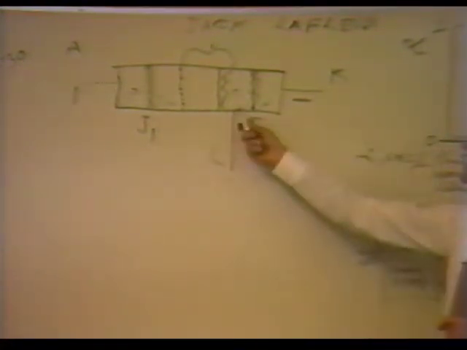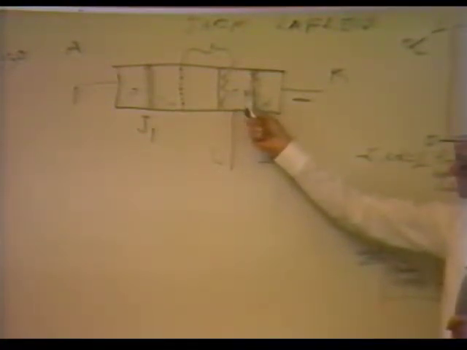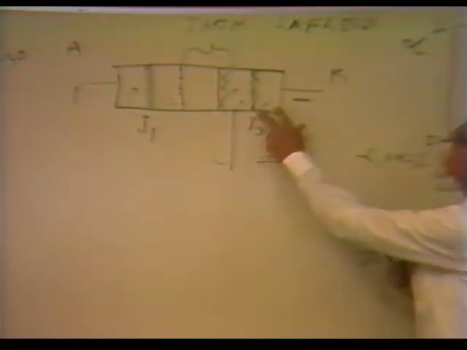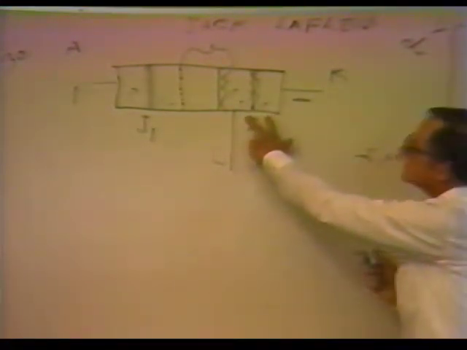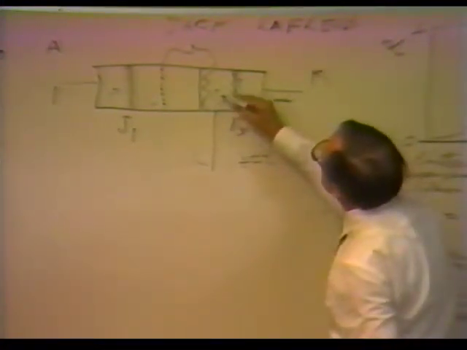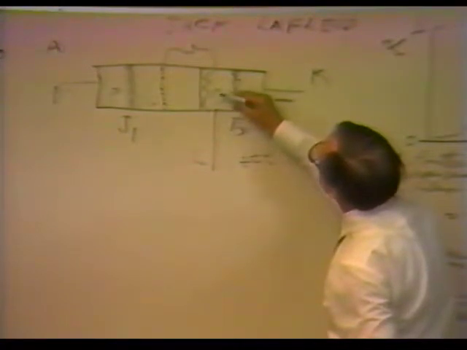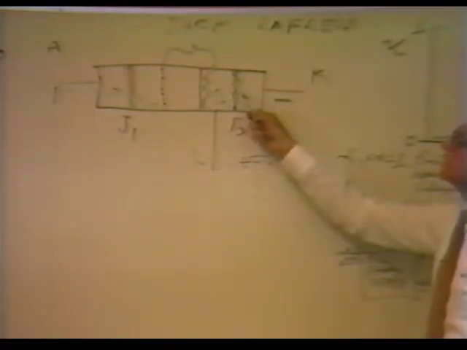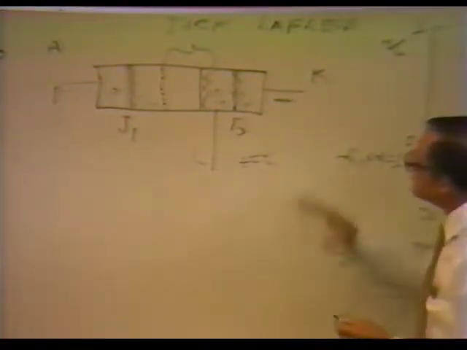And what that does now is we are putting carriers into the gate region. This is the P region. Now we have unbalanced that junction. We have more donor atoms over in the P region than we have over here in the N region. So what happens immediately?